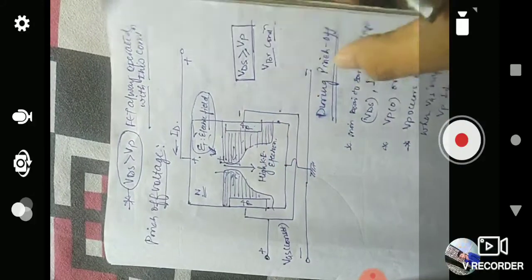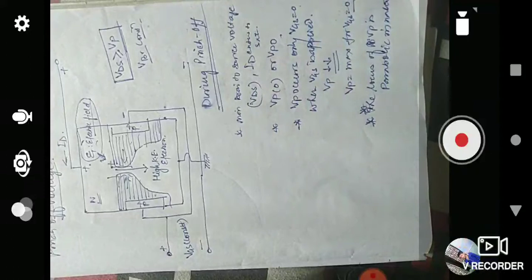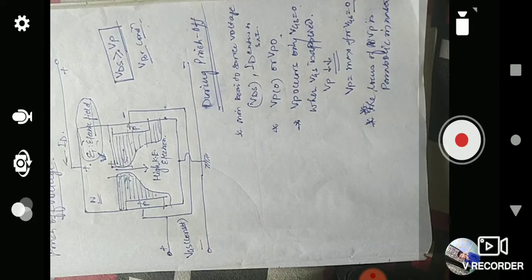So the basic thing to note here is that during the pinch off, the kinetic energy of the electrons in the channel increases, and the electrons move through the narrow width with high velocity and reach the drain. The drain is now receiving the maximum electrons of the channel, and therefore the drain current will remain almost constant in the saturation region.